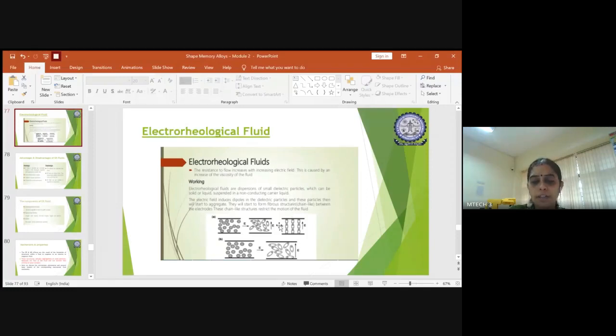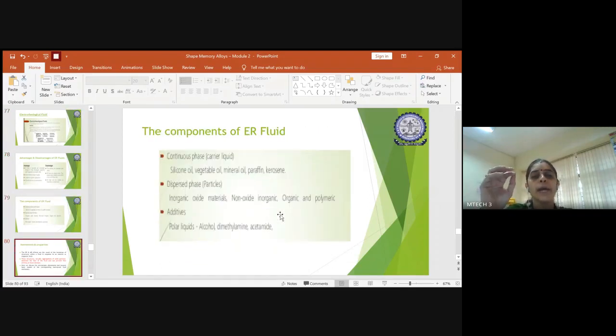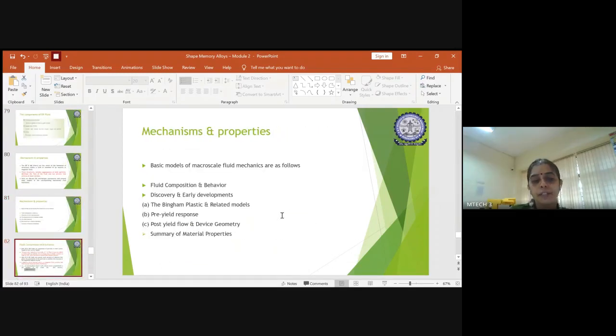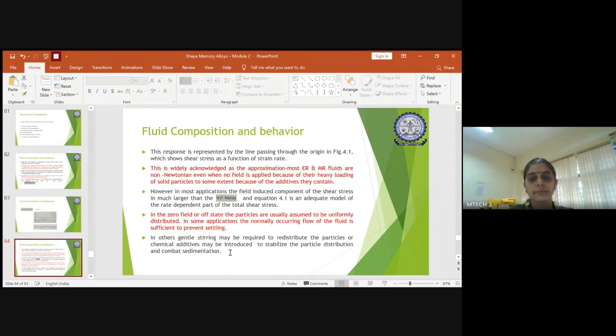From here on, if I call it a fibril or a chain, it is nothing but the arrangement of the particles within the fluid with respect to subjection of either electrical field or magnetic field. This you should understand.